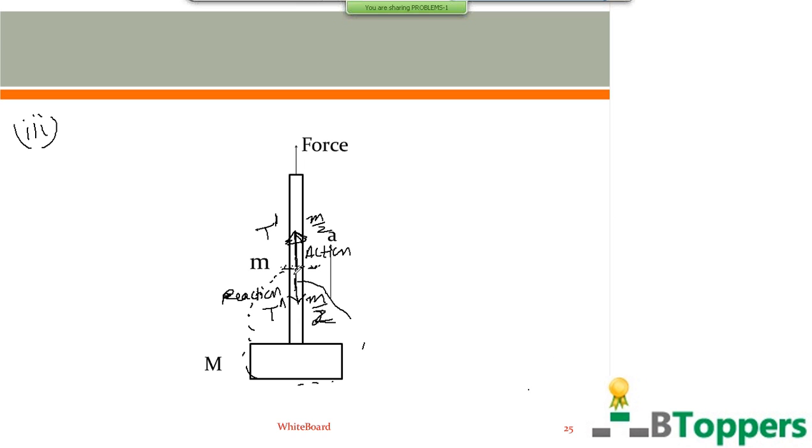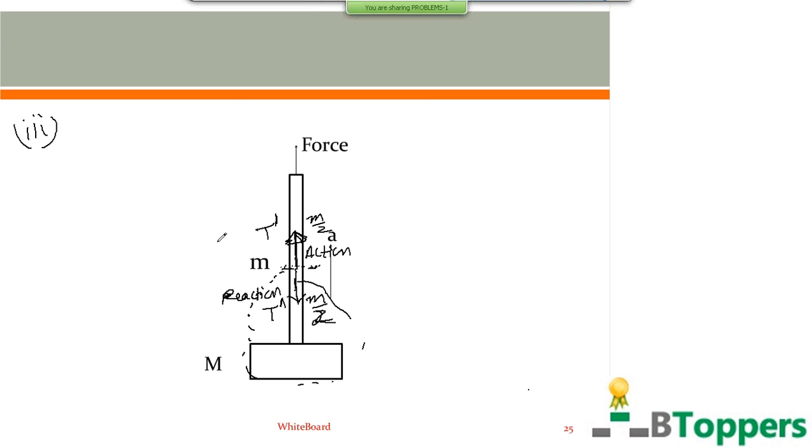So here at the cross section at the middle of the rope, action is the force exerted by the upper half of the rope on the lower half of the rope, which acts vertically upwards. So reaction will be the force exerted by the lower half of the rope on the upper half, which acts vertically downwards.